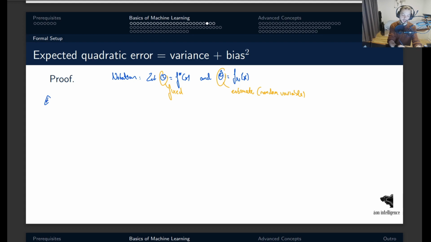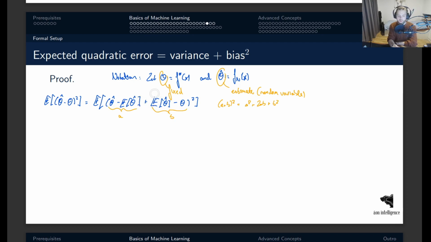So let's write down the definition of the quadratic error. And what I do now is that I add and subtract this fixed quantity, the expected value of our estimation. So you may be wondering why I insert these quantities.